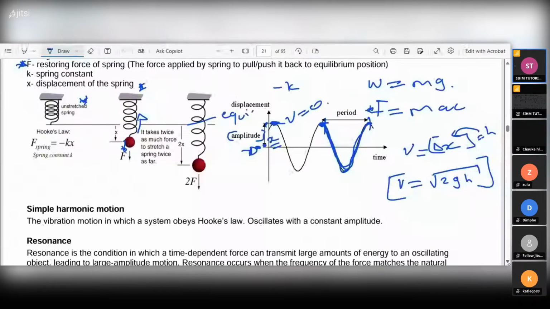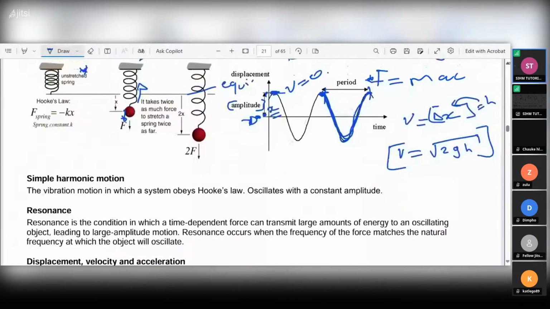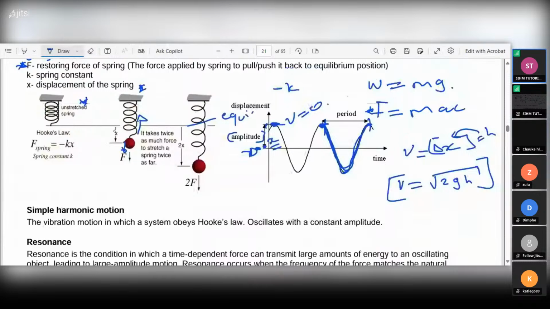So here, if you can check the displacement of the spring, remember this point we call the equilibrium.